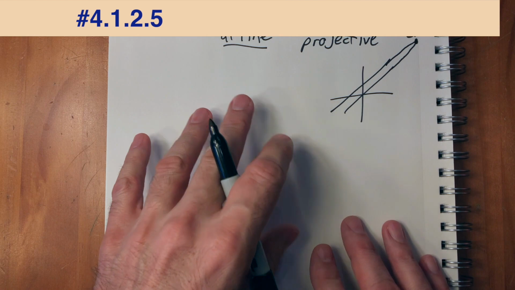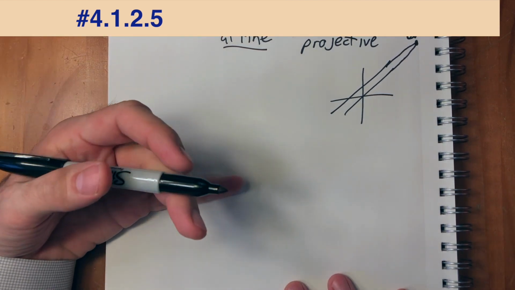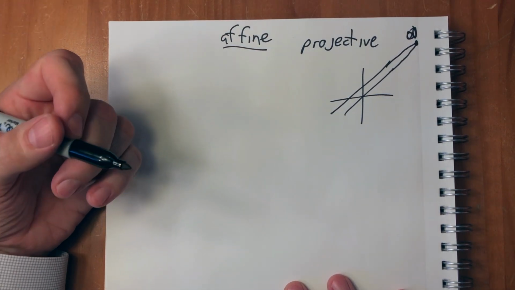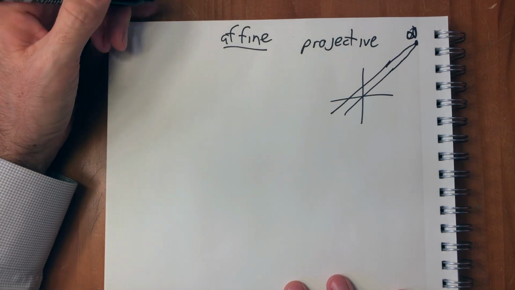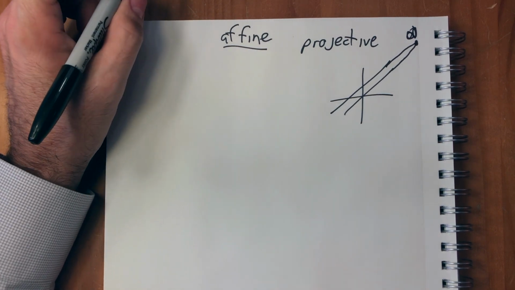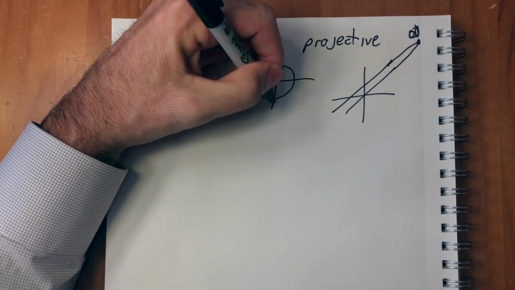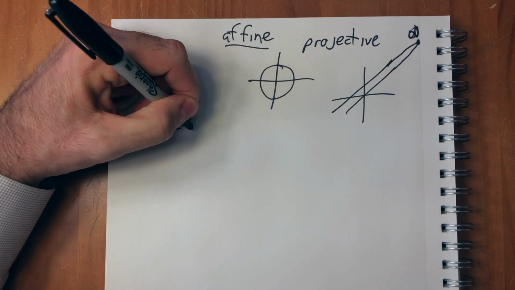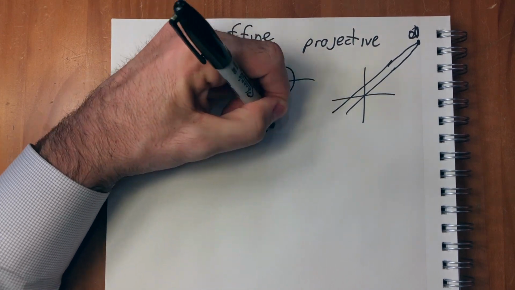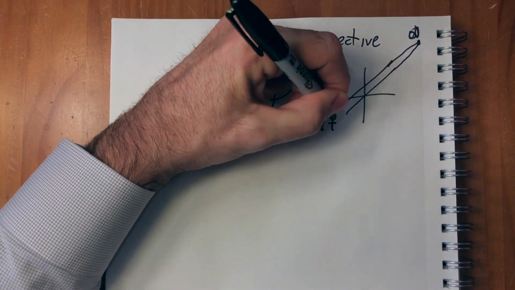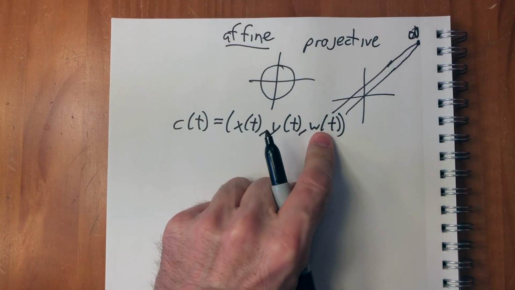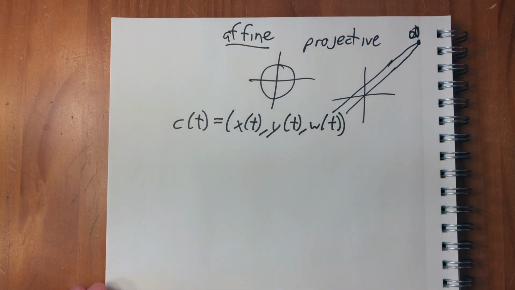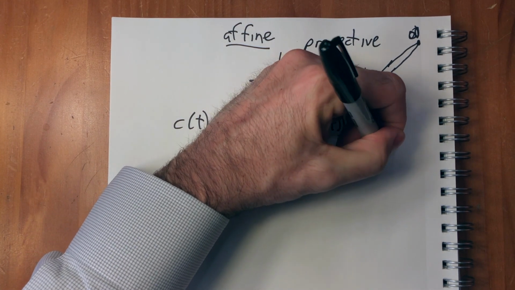So we can overcome the shortcomings of polynomials by using homogeneous coordinates, which is projective space. If we want to do a circle, instead of representing it by two component functions, we can use projective space and make it 3. So now x, y, and w are polynomials, and then t is on some interval, a to b, and so on.